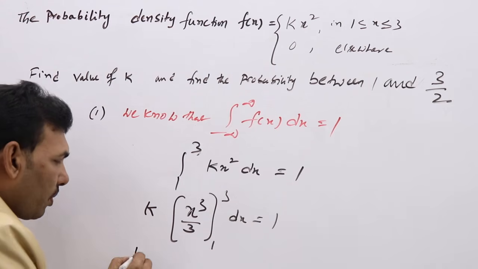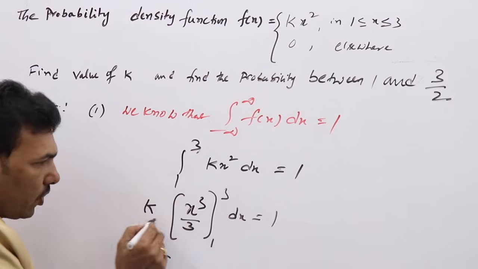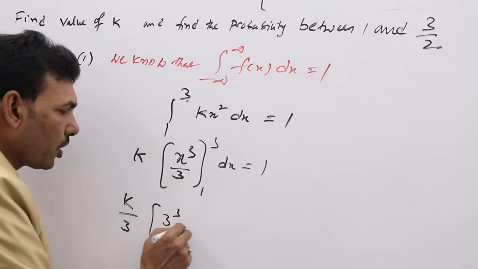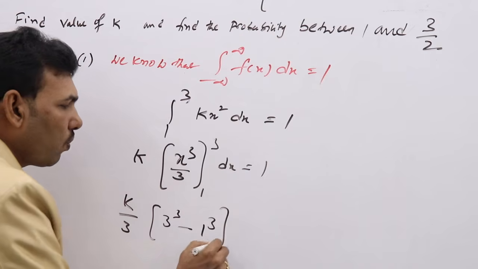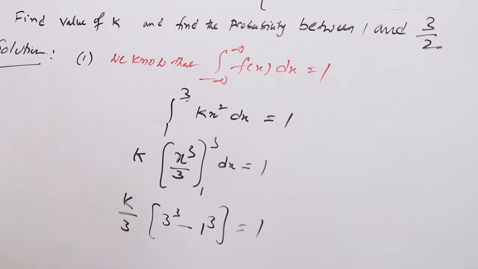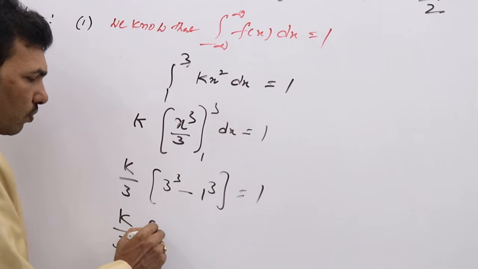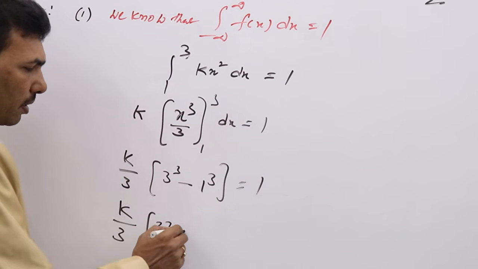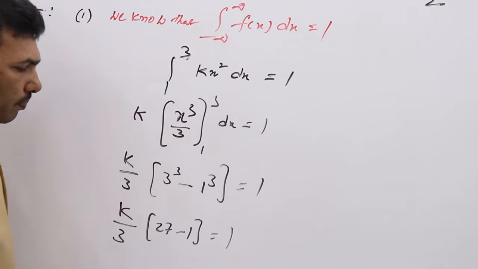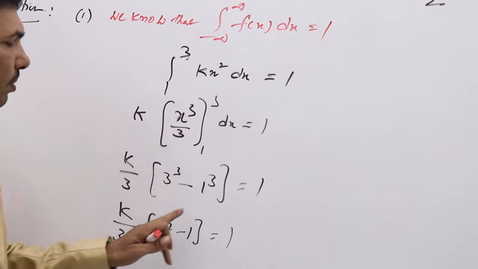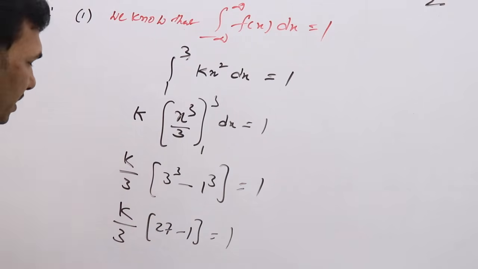Now, k by 3 constant, you can keep like that. Write in the place of x 3, 3 cube minus 1 cube. We all know that 3 cube is 27, minus 1, 26.